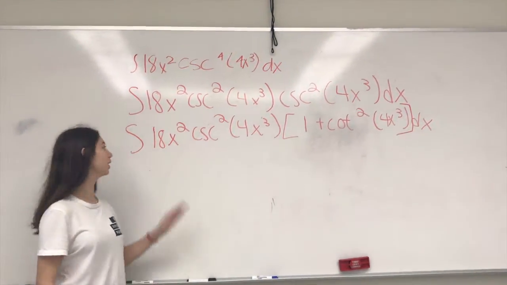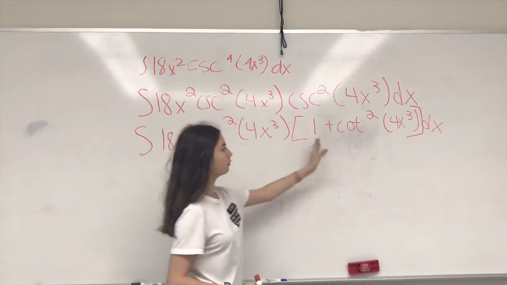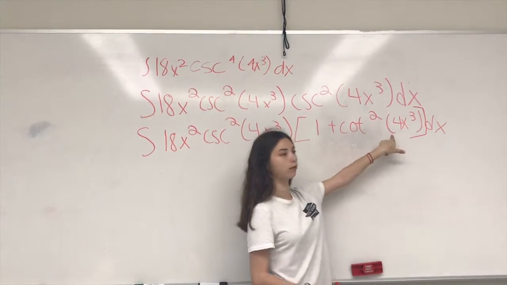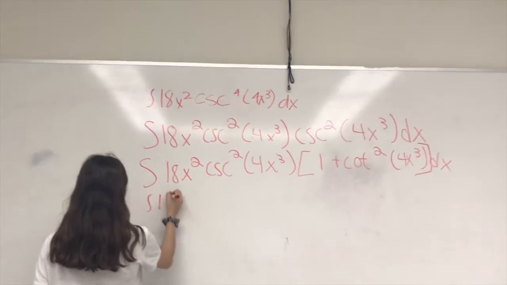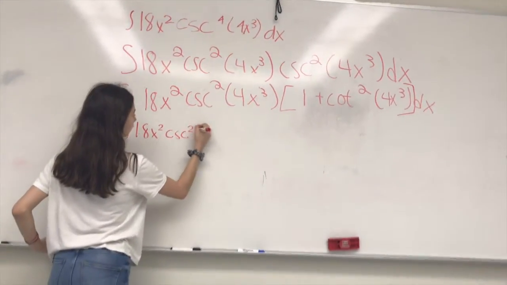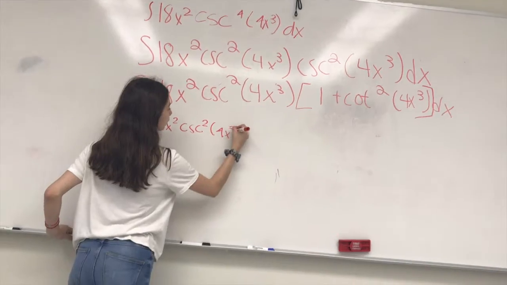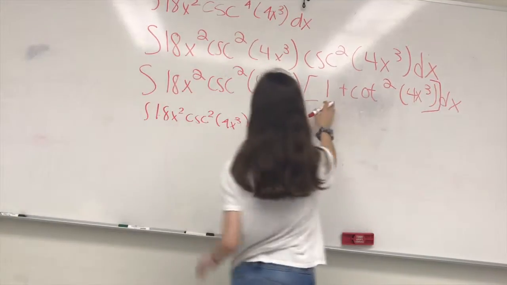The next step we need to do is multiply by the distributive property, meaning we will multiply all of these first by 1 and then by cotangent squared of 4x cubed. So we will get 18x squared times cosecant squared of 4x cubed dx, and that is the first multiplication.